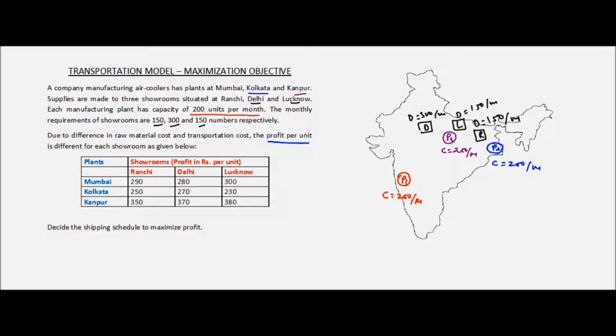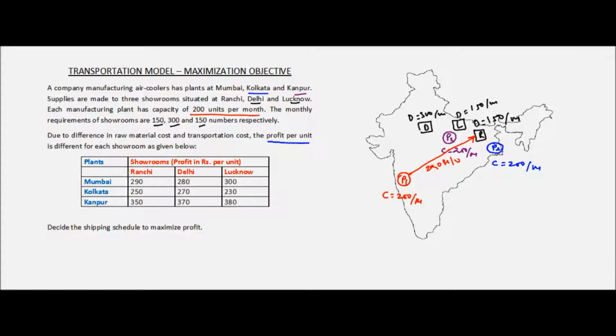Now, if 1 unit of air cooler is sold at the Ranchi showroom and is shipped from the Mumbai plant, then the profit is 290 rupees. So if we ship the material from plant 1, that is Mumbai, to the Ranchi showroom, the profit is 290 rupees per unit.